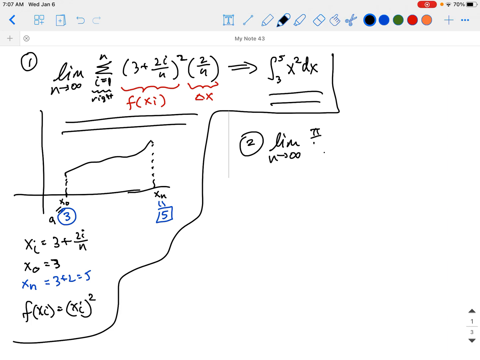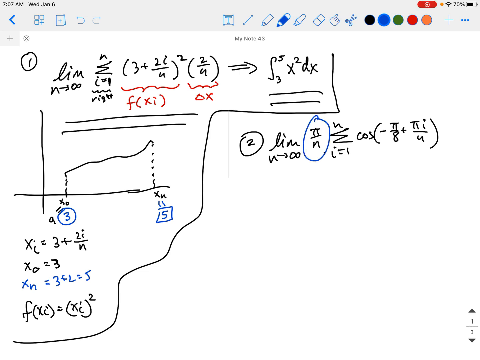So pi over n sum i equals 1 to n of cosine of negative pi over 8 plus pi i over n. Okay, so let's rewrite it a little bit differently. Note it's not in its normal form, where it's just f of x delta x.